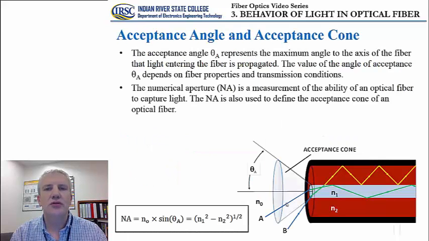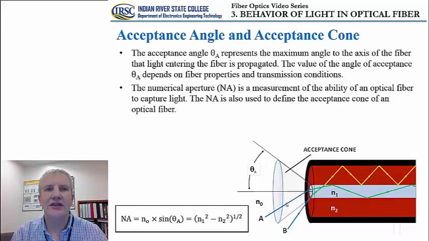It's also important to touch upon the subject of the so-called acceptance cone, or the subject of how the light is launched into the optical fiber. To achieve the launch of the light into the optical fiber, some form of light source is used, such as a laser diode or some other type of laser.